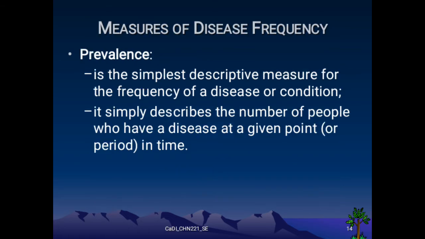Prevalence. Under measures of disease frequency, we have prevalence, which is the simplest descriptive measure for the frequency of a disease or condition. It simply describes the number of people who have a disease at a given point or period in time.